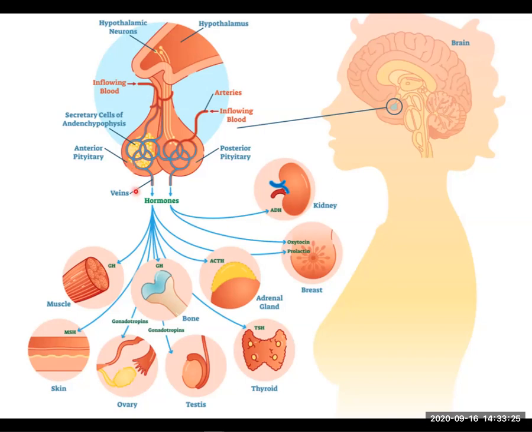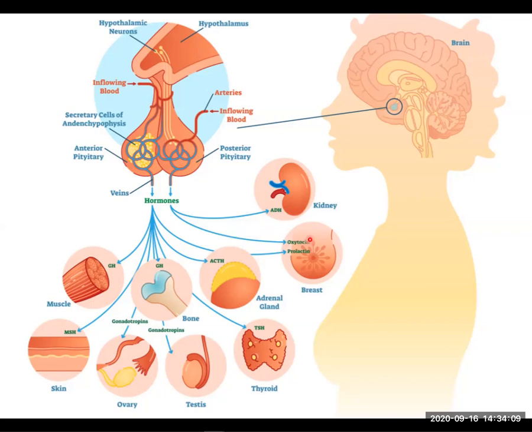One is the prolactin, from the anterior. From the anterior, we also have the gonadotropins, including FSH and LH. From the posterior, we talk about the oxytocin.